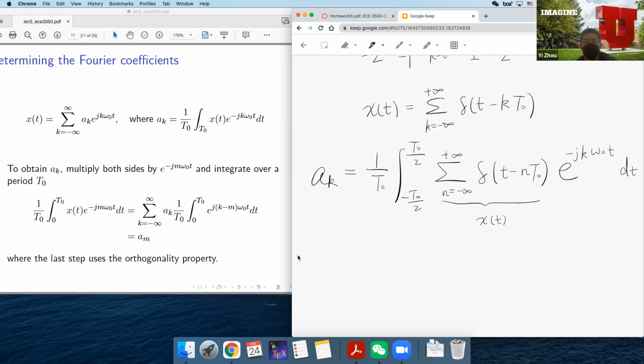And then we said that we can consider switching the integration with the summation. So we ended up with this one.